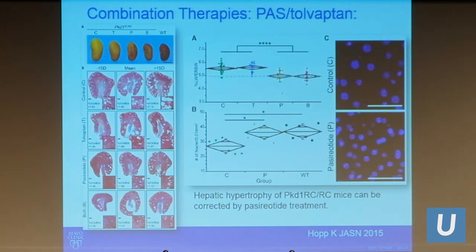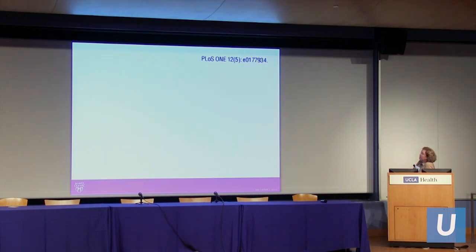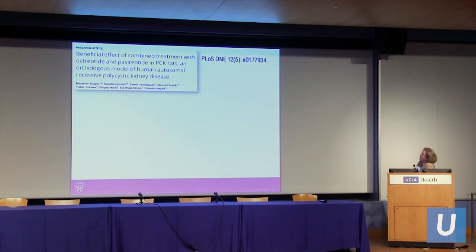The kidney is shown here, but also the liver in double blockade in these patients. So this is very interesting because there again was confirmed in the animal model that there was hepatic hypertrophy, mirroring what we showed you in the Hall study data, and that this could be corrected by the pasireotide treatment. So this is open for further evaluation.